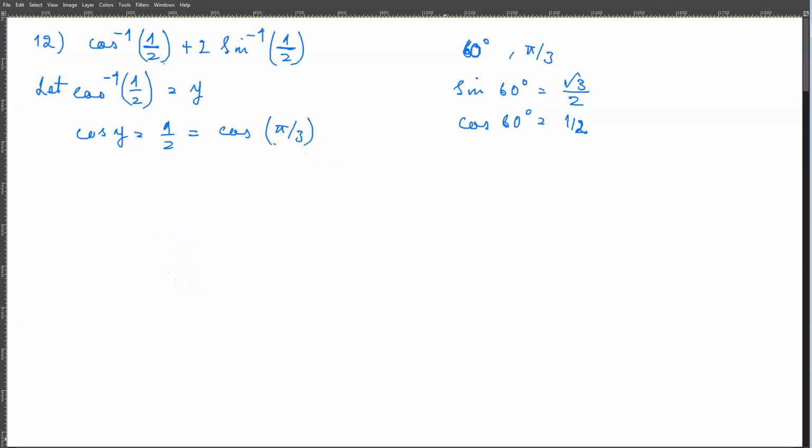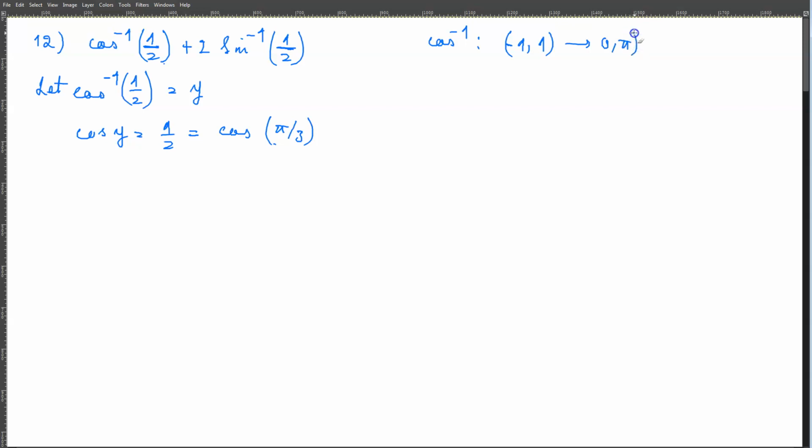Now the cos inverse function is a function that goes from -1, 1, and that goes to 0 to pi.